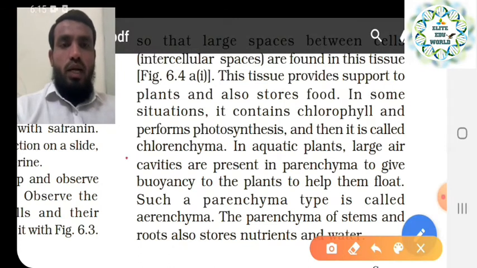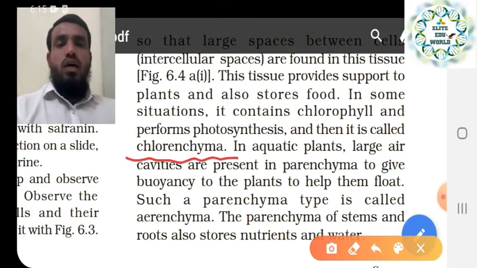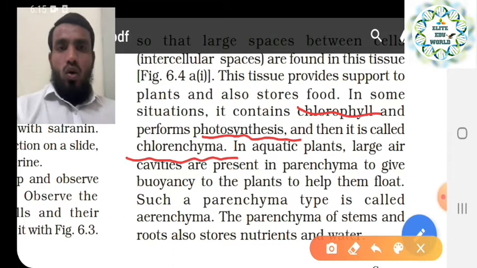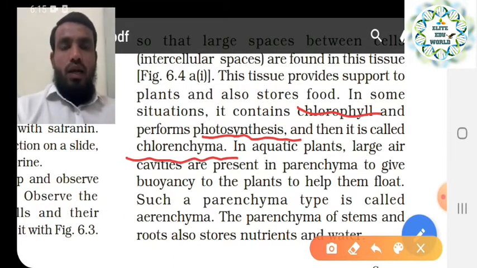That is the type of parenchyma which has chlorophyll pigments, and once it has chlorophyll pigments, it can do photosynthesis. That is why it is called chlorenchyma, because of the presence of chlorophyll pigments.